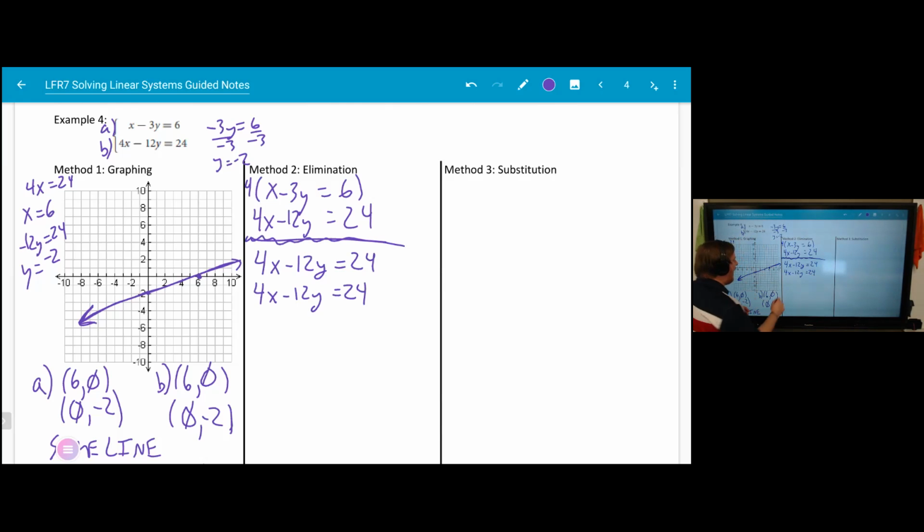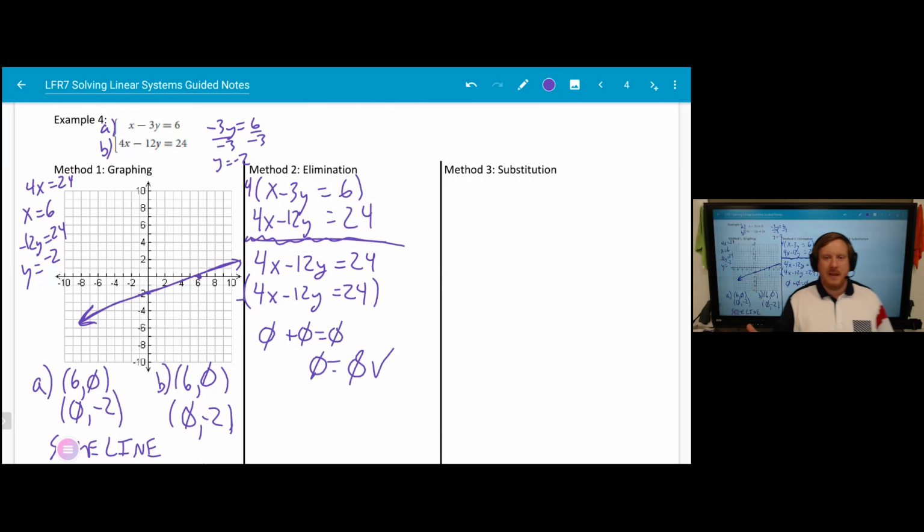If I subtract these equations, I get 0 plus 0 equals 0. I get 0 equals 0, which is true. We get a true statement, and that means it's the same line. And once again, because it's the same problem, we have infinite solutions.